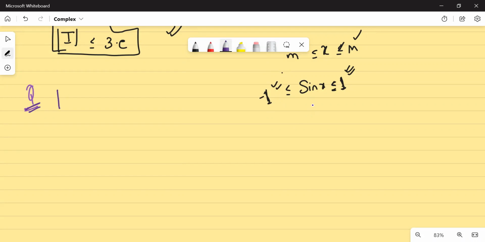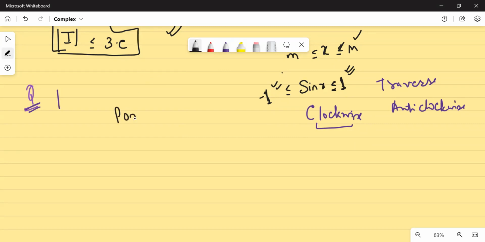ठीक है. Now देखो, in contours please remember this, there is something called clockwise and anti-clockwise orientation, anti-clockwise traversals. So you can traverse closed contours in the clockwise direction and the anti-clockwise direction. Whenever you are moving in a closed curve, you can either move clockwise or anti-clockwise. The positive sense is said to be the anti-clockwise orientation.